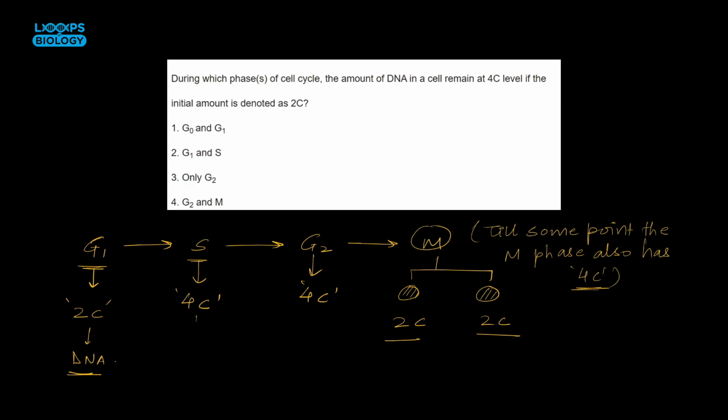But as the question is saying, during which phase of the cell cycle does the amount of DNA in the cell remain at 4C, there should not be any remaining 4C at the end of M phase. That's why M phase is deleted. S phase is still a candidate, but S phase is combined with G1. So this option will be gone, and only the G2 phase will be my correct option for this question.